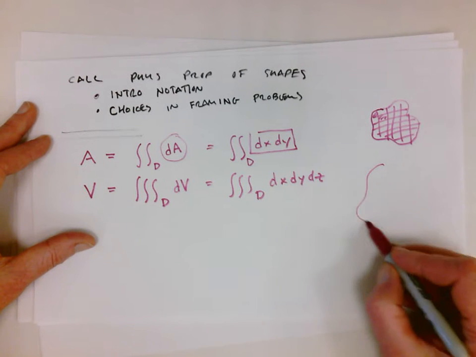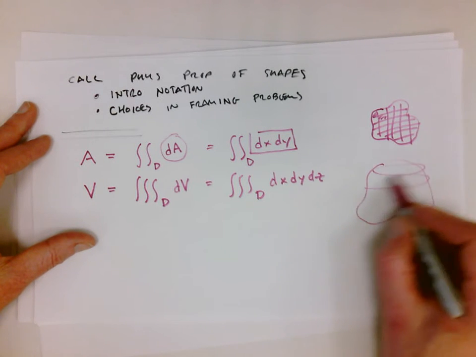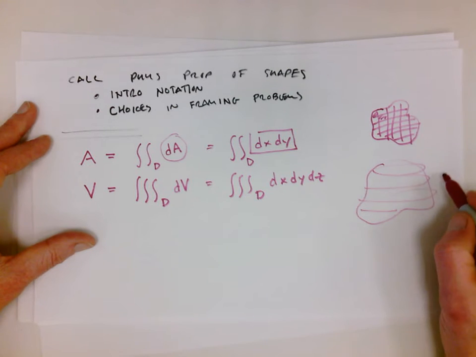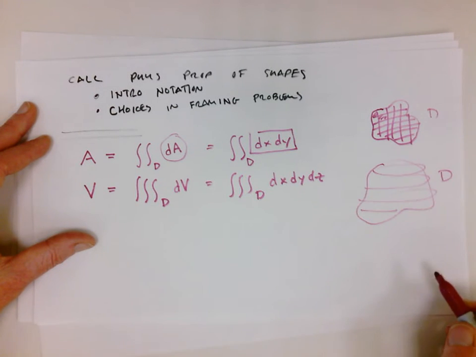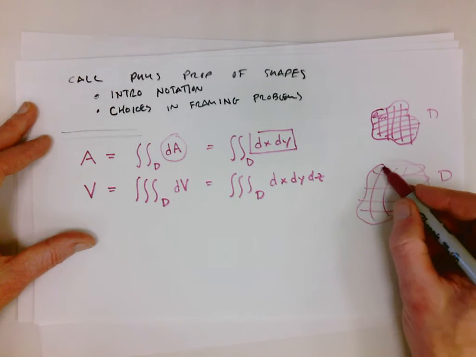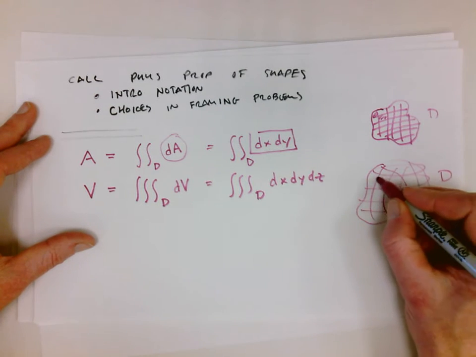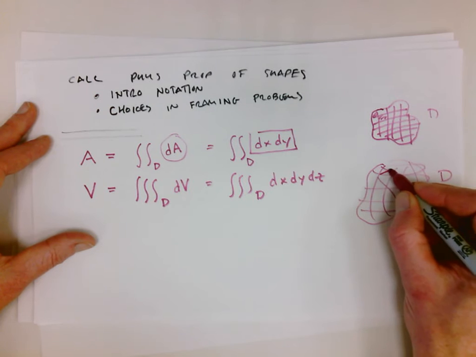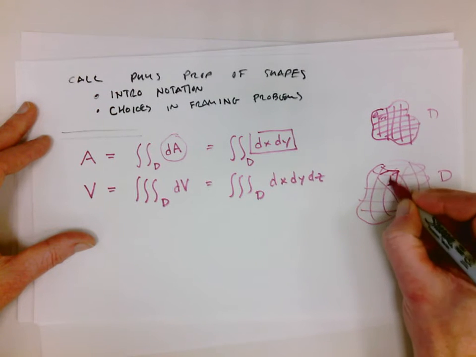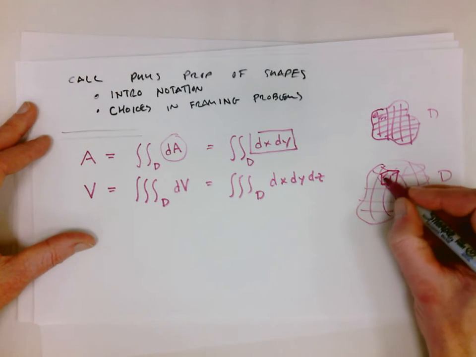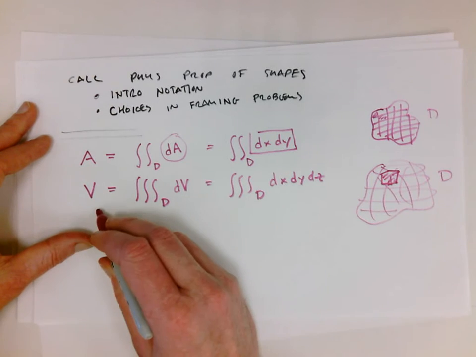By the same token, if I'm talking about the three-dimensional case, maybe I've got some three-dimensional volume here that is my other domain, right? So that's three-dimensional, as I'm sure that beautiful drawing indicates to you, and I'm thinking about adding up the volumes of each little differential chunk inside of this domain in order to figure out what the total volume is.